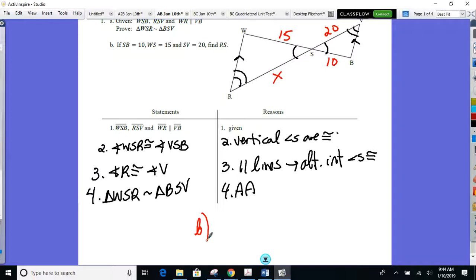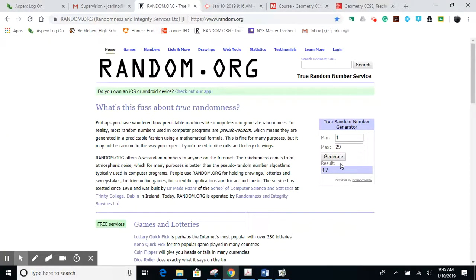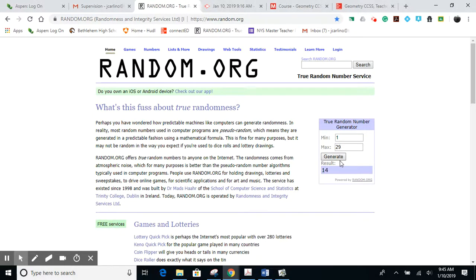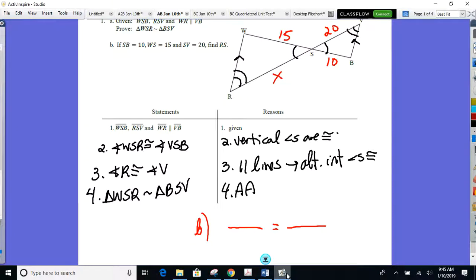Again, not part of the proof, just a little algebra question. I'm going to have somebody set me up a correct proportion. What sides match up? Because now they're equal. Give me a pair that match up. Okay, so 15 over 10 is in the same ratio as x over 20.